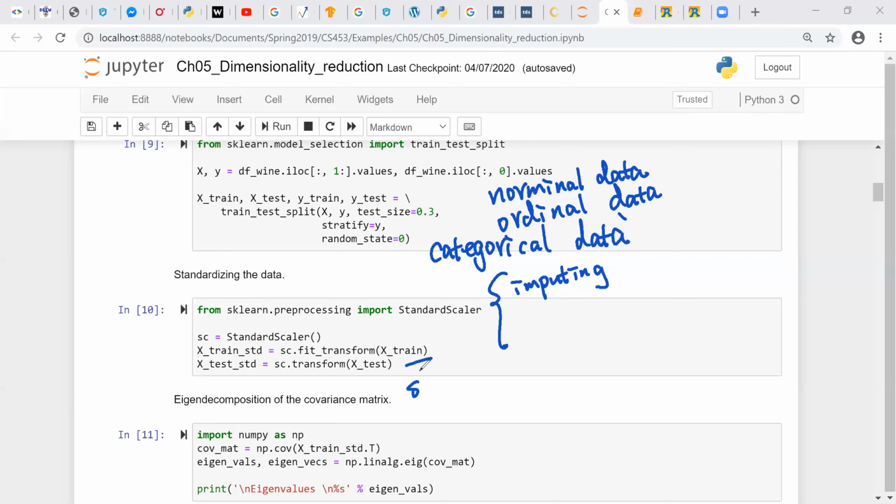Ordinal data is, suppose, your shirt size. Your shirt size can be XL, large, medium, and small, something like this.